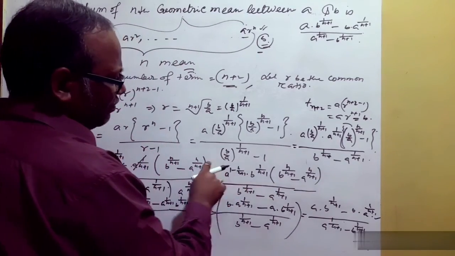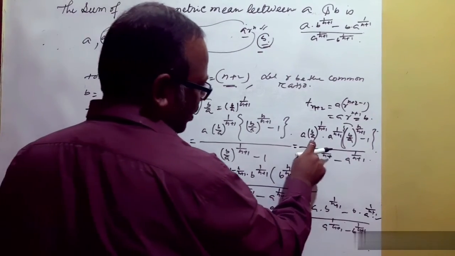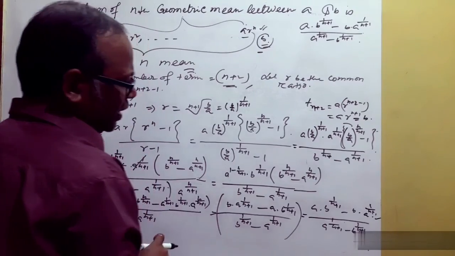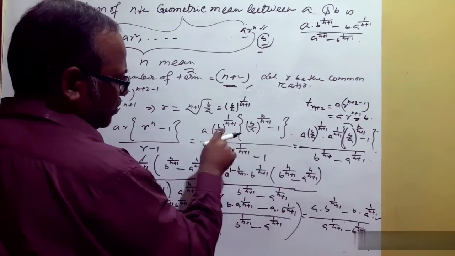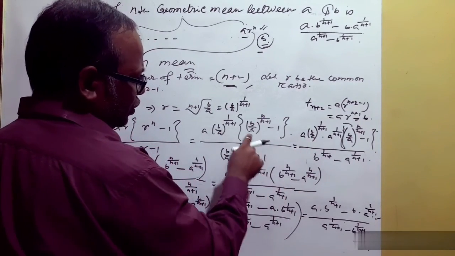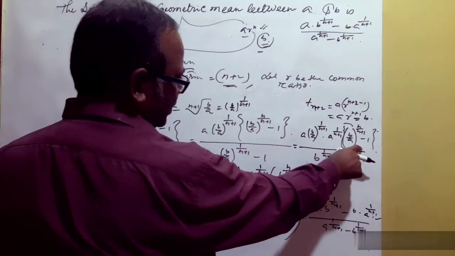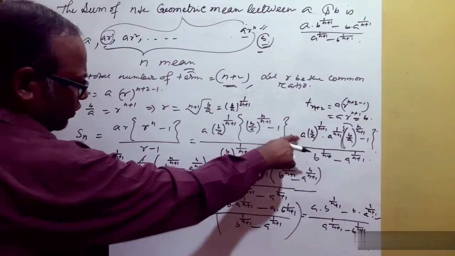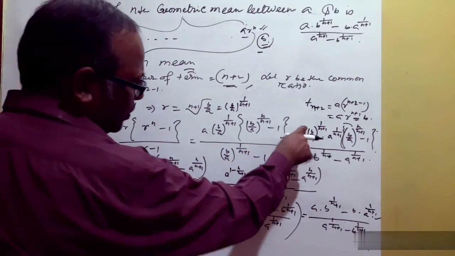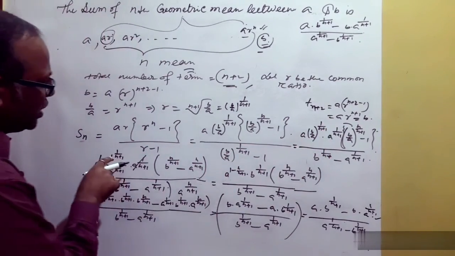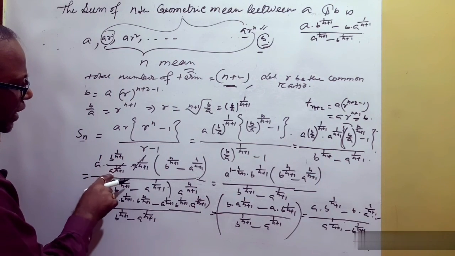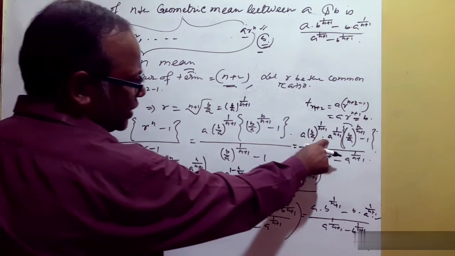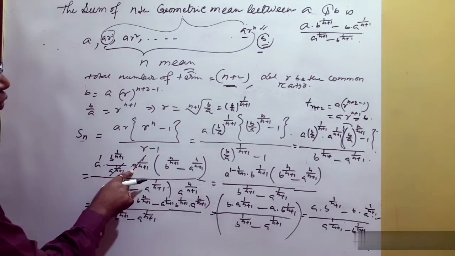So the LCM value is a to the power 1 by n plus 1, and this is b by a whole to the power n by n plus 1. Now simplify. b by a whole to the power 1 by n plus 1 we can write as b to the power 1 by n plus 1 over a to the power 1 by n plus 1.